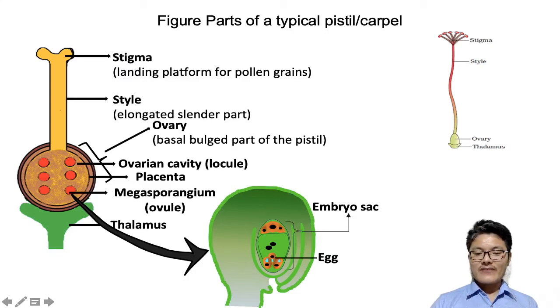Along with that there is the central cell. So inside the embryo sac we have a total of 7 cells, and among these 7 cells, you are required to remember the central cell, which is having 2 nuclei. The central cell of the embryo sac has 2 nuclei. That means 2 nuclei are present within the central cell.